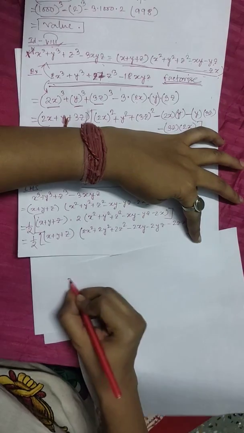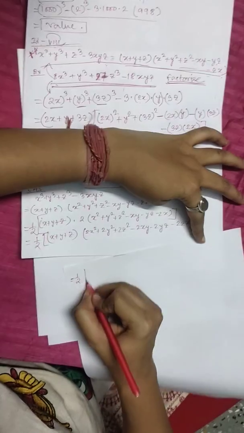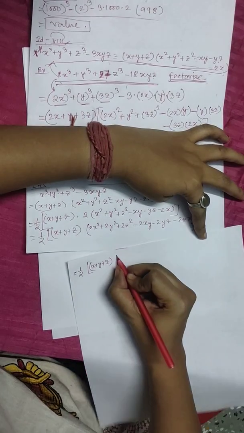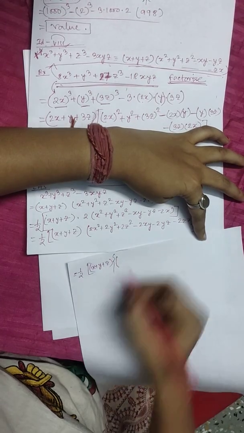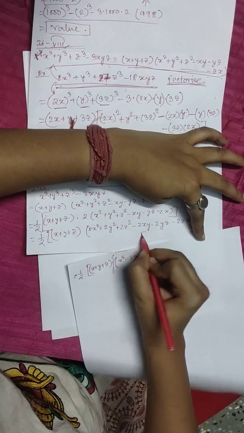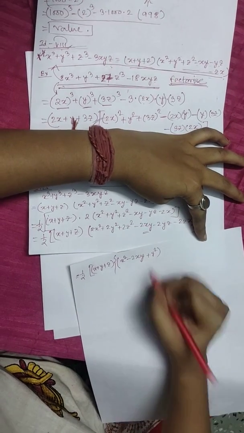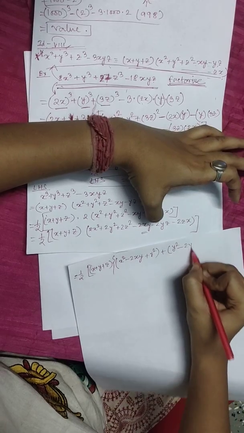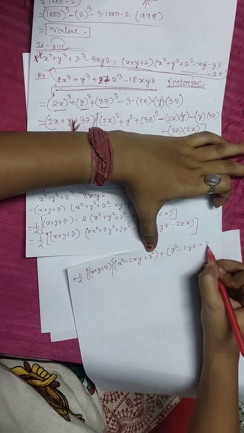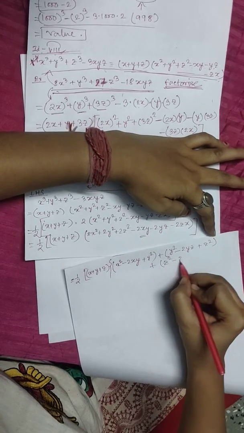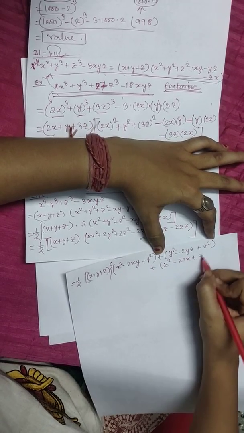Now from this line you can write it as half, (x plus y plus z) into (x square minus 2xy plus y square), and (y square minus 2yz plus z square), and (z square minus 2zx plus x square).